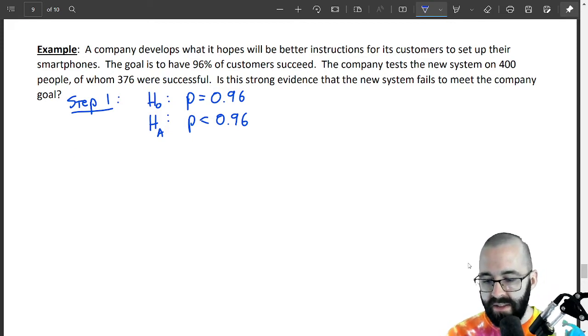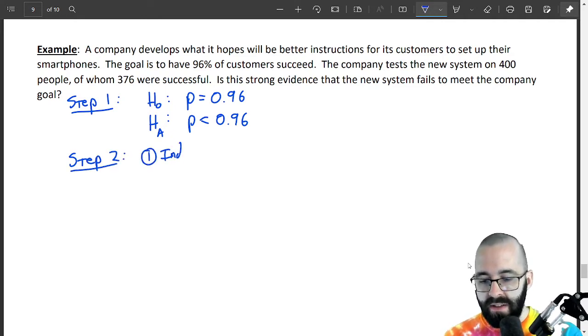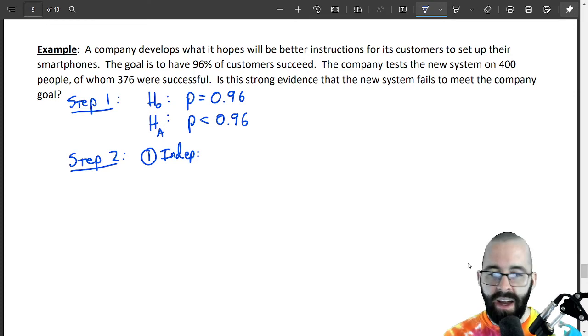Those are our hypotheses. Can we use the central limit theorem? Well, we're going to have to check independence. The company tests a new system on 400 people. If this is a real company, the population, the number of people buying their phones, is going to be more than 4,000.